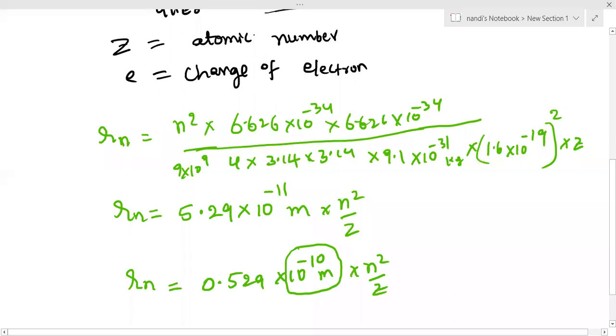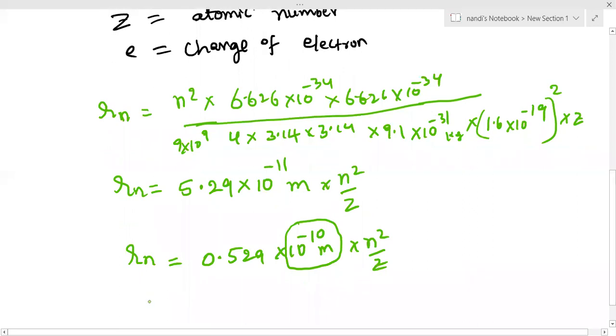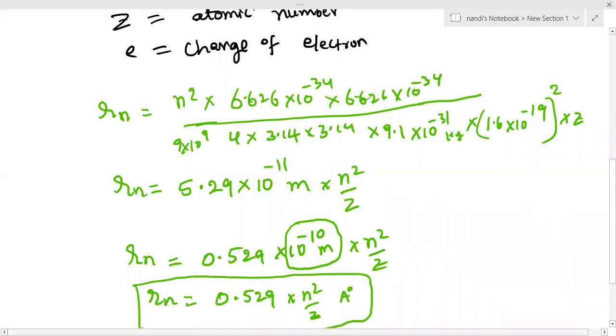So shall I write Rn equal to 0.529 into n square by Z angstroms. This is the nth orbit radius formula. You can write it under notes, sir.